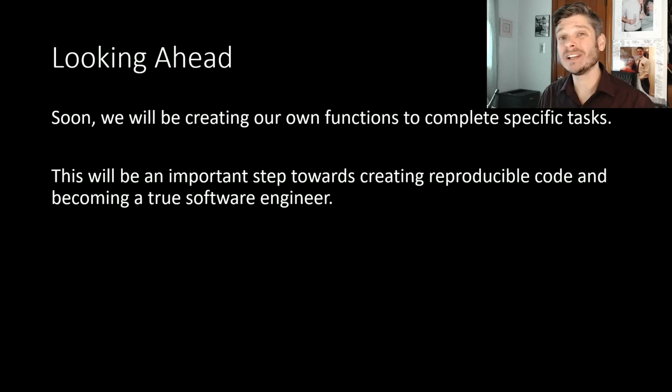This is a really important step to becoming a well-rounded developer or analyst who can actually create their own tools to solve the problems they're faced with. So you want to make sure that you're really comfortable with everything up to this point so that you know how to use it and how to implement it in your own code and in your own functions. That should be a real goal for you as we try to finish this course.